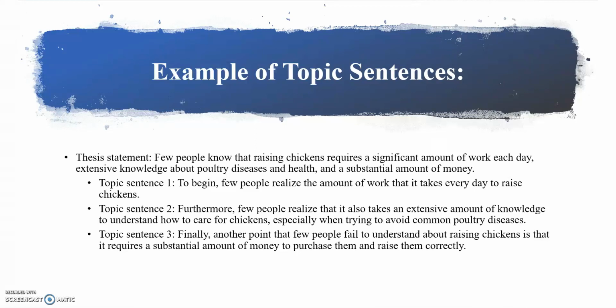I'll start with a transition. Finally, another point that few people fail to understand about raising chickens is that it requires a substantial amount of money to purchase them and raise them correctly. So as you can see here, the goal is clarity. You want the most clear kind of organization possible, and you'll get that if you go in the same order of points as you have them listed in the thesis statement.